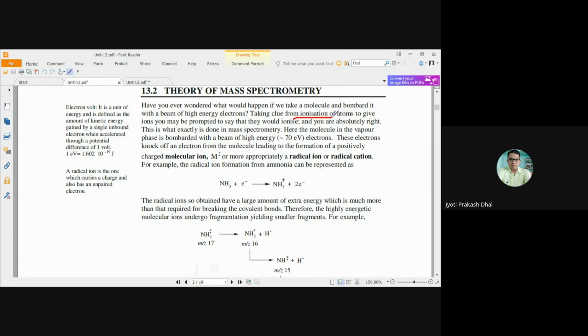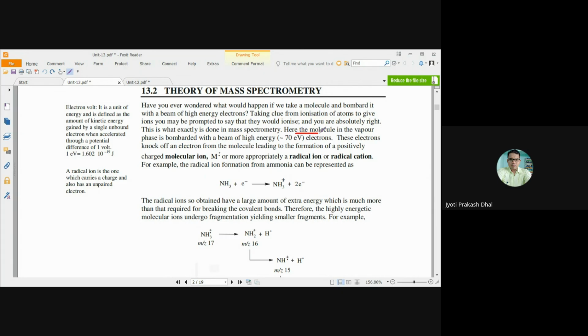Taking the clue from the ionization of atoms to give ions, you may be prompted to say that molecules will ionize, and you are absolutely right. This is exactly what is done in mass spectrometry. Here the molecule in the vapor phase is bombarded. So in the case of mass spectrometry, the principle lies here.